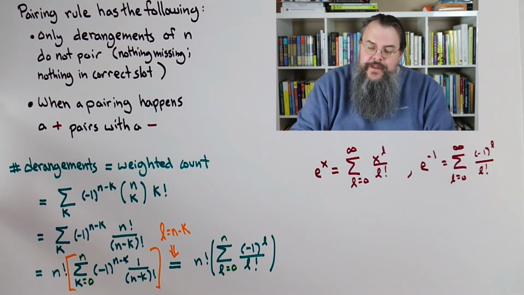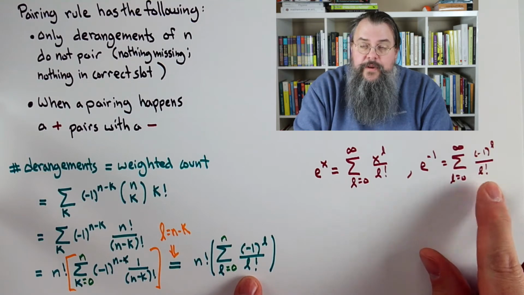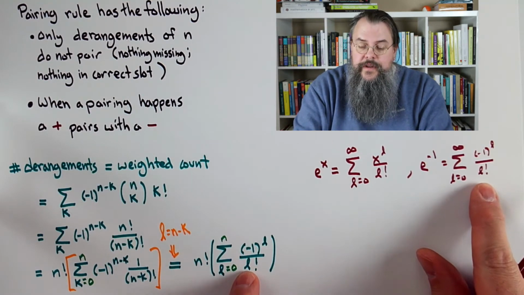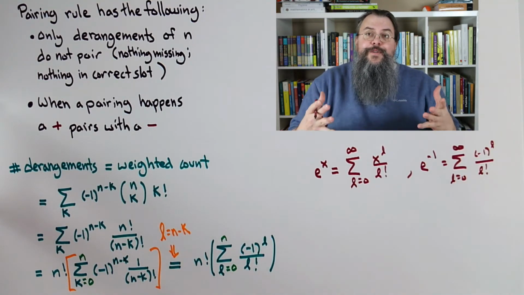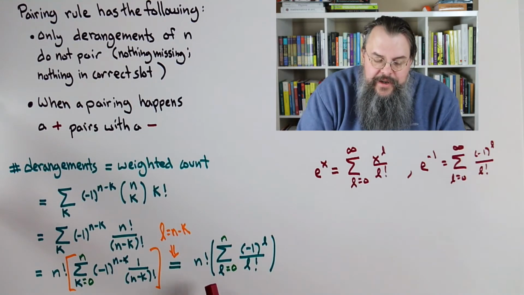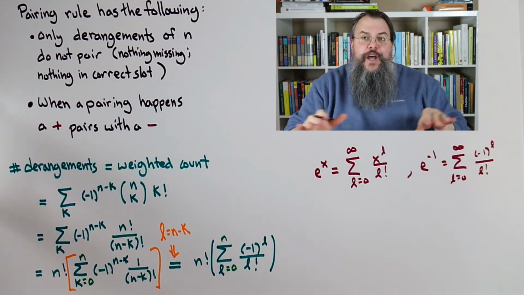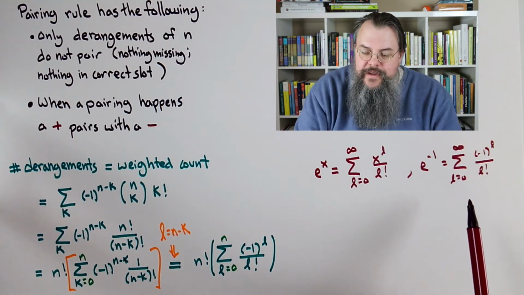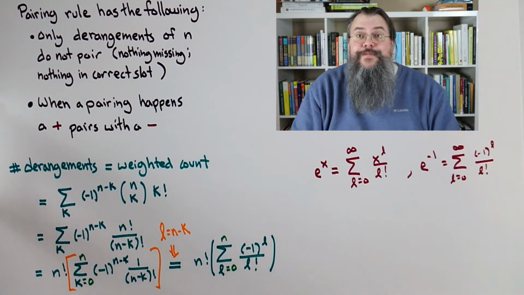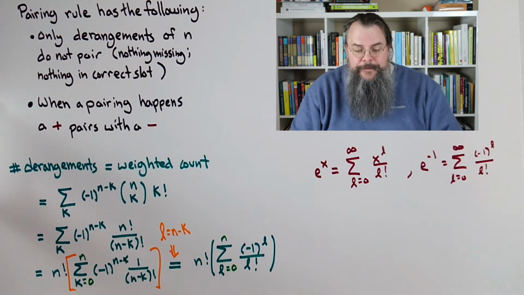Well, these pieces here are the same: minus 1 to the L over L factorial. Now, what's the difference? Well, the difference is how far do you go? Here, we're going to stop and say, look, we're only going to go to n and stop. This one says, don't stop. Keep going. Keep going all the way.